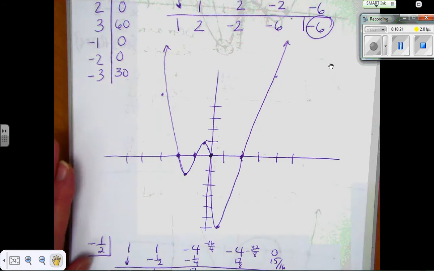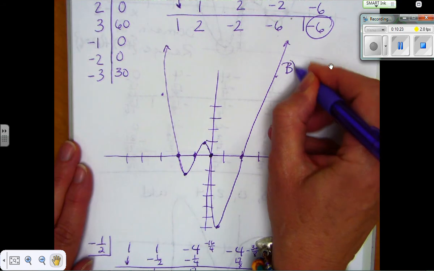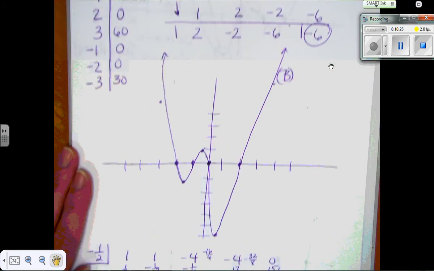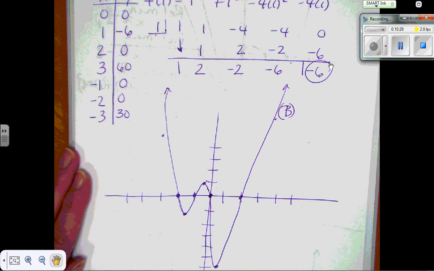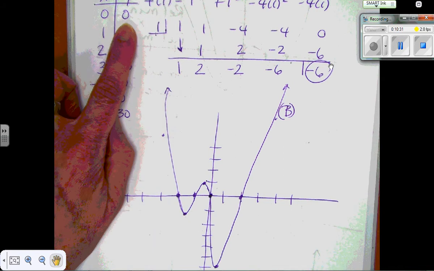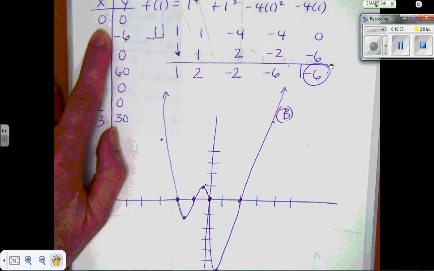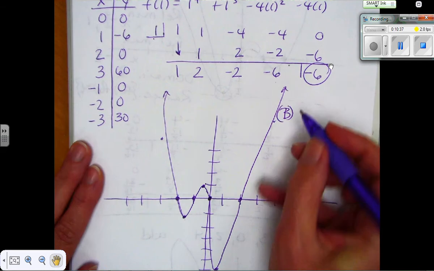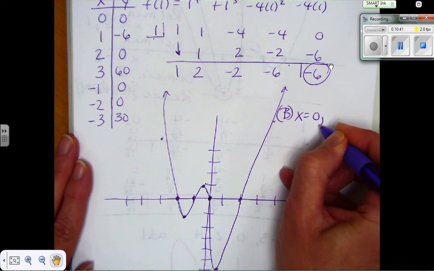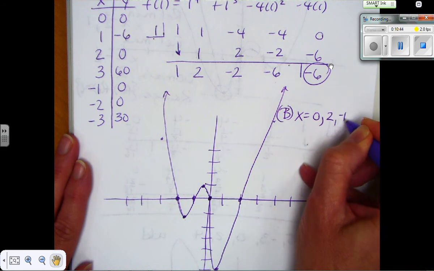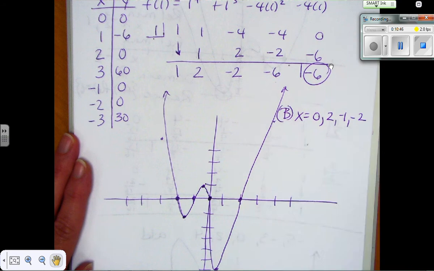So for Part B, for this one that I just did, I have exact numbers where it crosses the x-axis. So if you have zeros for your y, it's not crossing in between, right? It's crossing right at that x value. So for this graph, your x values would be 0, 2, -1, and -2.